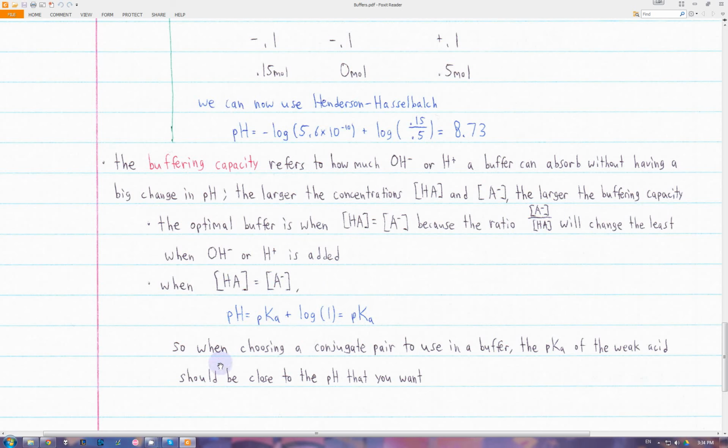And so when we choose which acid and which base to use for a buffer, we will need the pKa of the weak acid to be close to the pH that we want the buffer to be at. Since if we have this optimal ratio, the pH will equal the pKa of the weak acid.